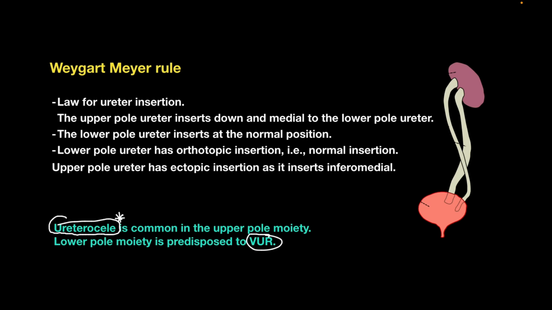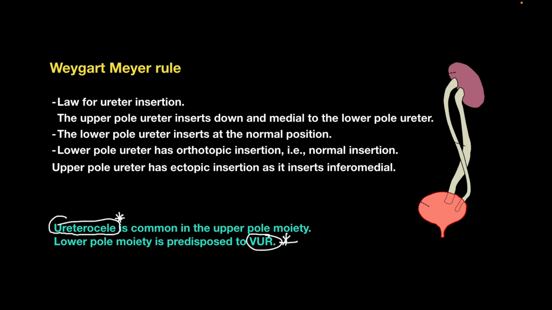And the dilated portion of the ureter may herniate into the bladder secondary to abnormal strictures of the VUJ, while vesico-ureteric reflux is the term for the abnormal flow of urine from the bladder into the upper urinary tract, and it's typically encountered in young children. So ureterocele is common in the upper pole moiety while the lower pole moiety is predisposed to VUR, that is vesico-ureteric reflux.